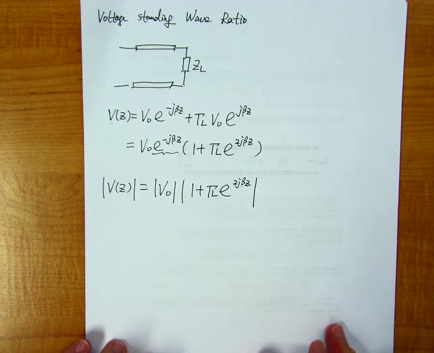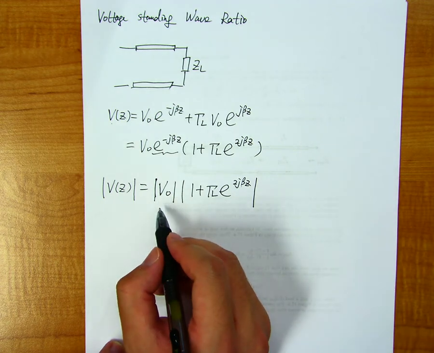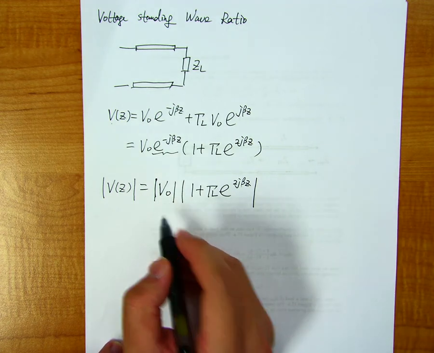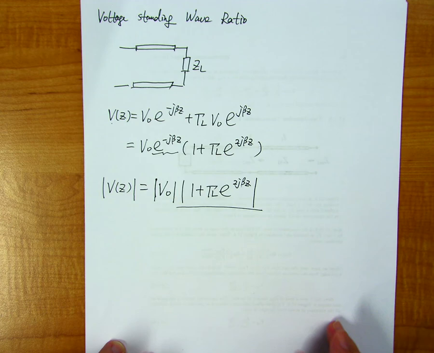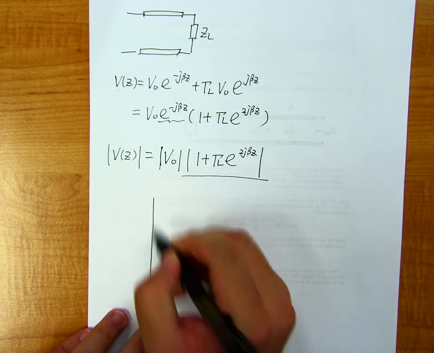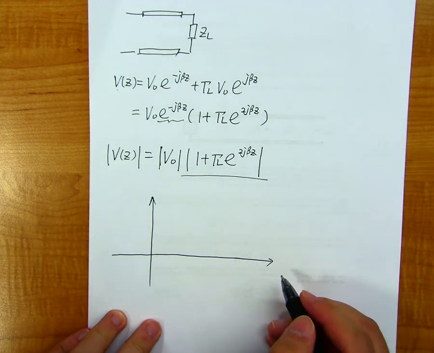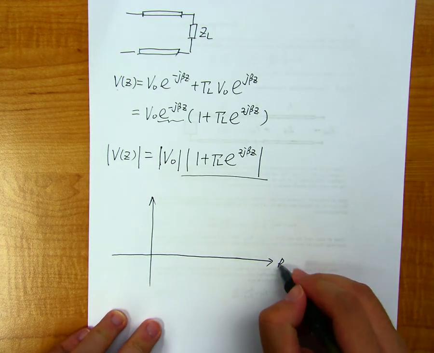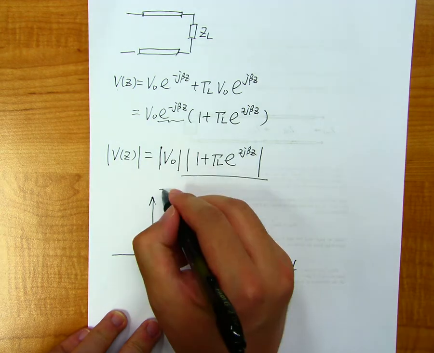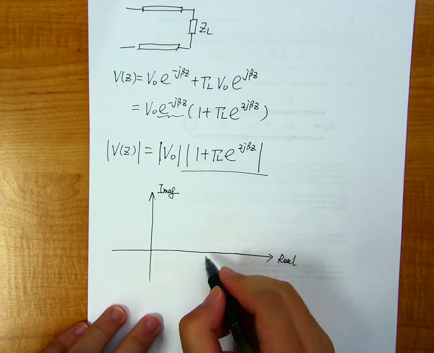For a given system, V naught is a constant from the source, but this term is changing. So if you draw a coordinate system like this, this is the real axis and this is the imaginary axis. Suppose this is 1.